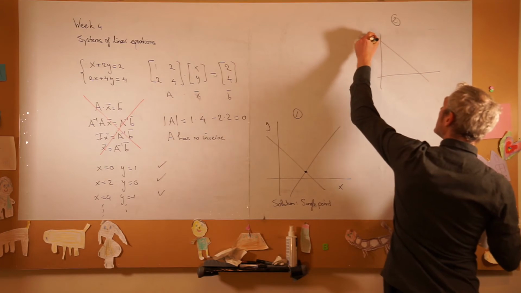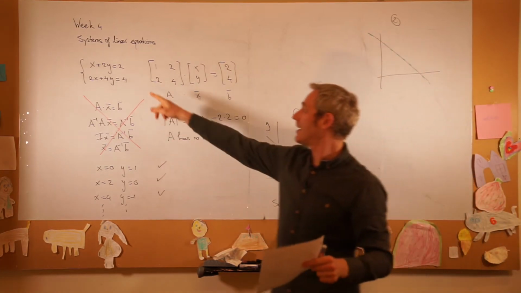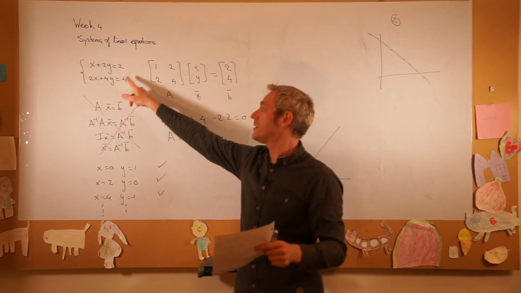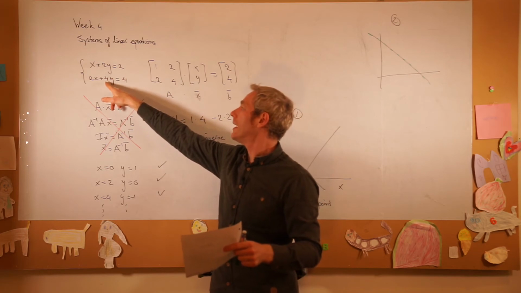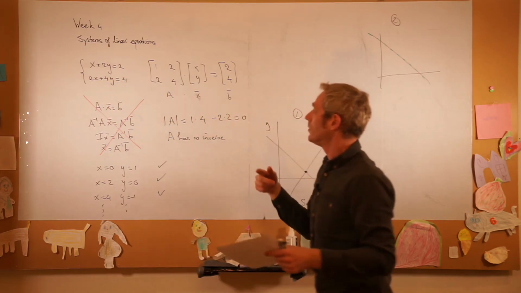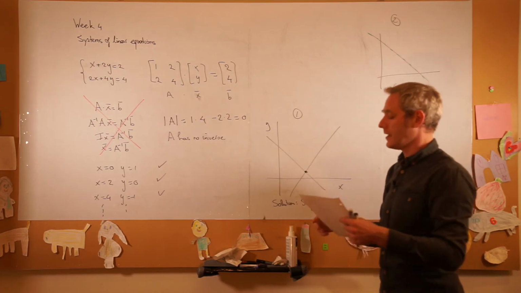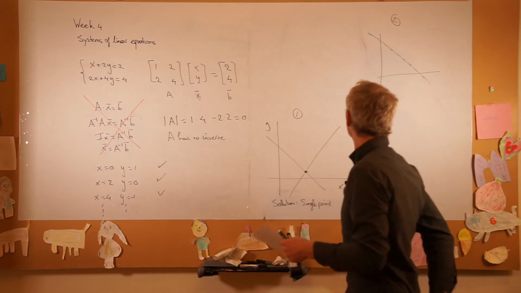So we have one line, and the second line is the same as the first line, and that's the case in this situation, because here we have the line y is 1 minus x over 2, and the other line is exactly the same, y is 1 minus x over 2. Just rewrite these and isolate y.